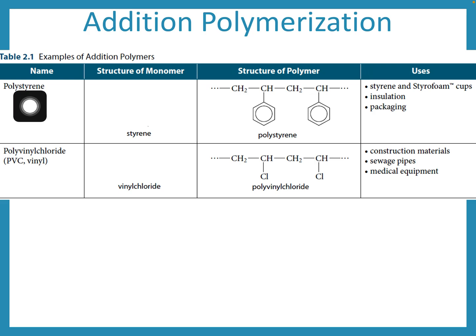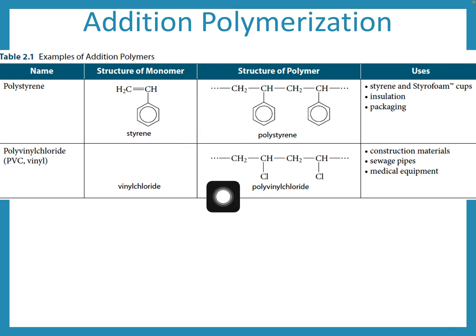Polystyrene is made of monomer units, and over here we can see that we have CH2CH and a benzene, and then CH2CH and a benzene. So we can see a repeating unit happening here. Styrene is CH2 double bonded to CH bonded to a benzene.